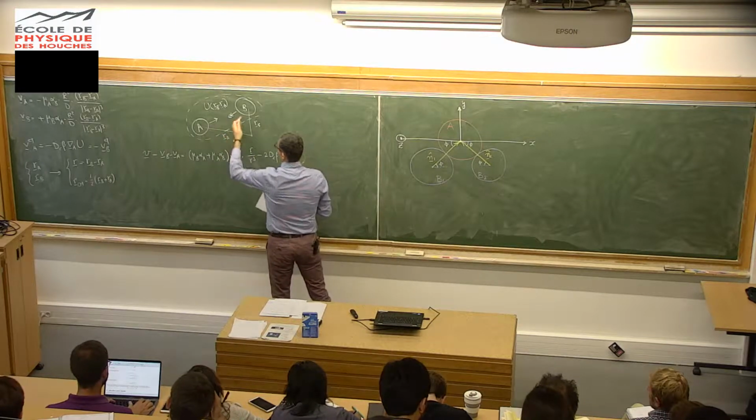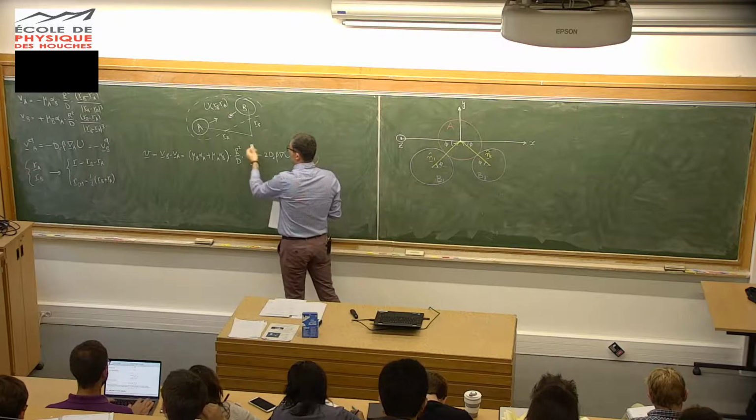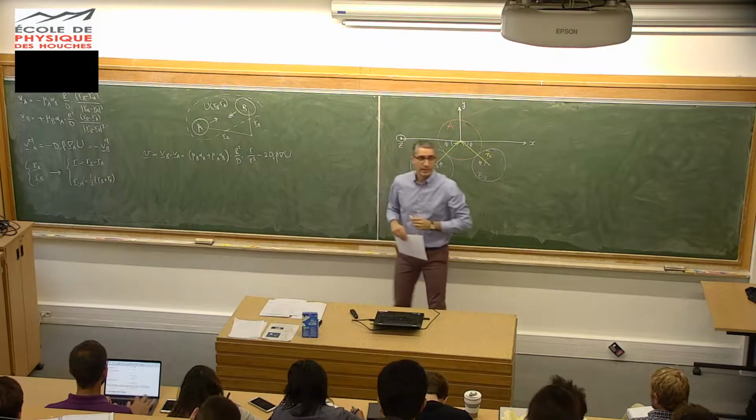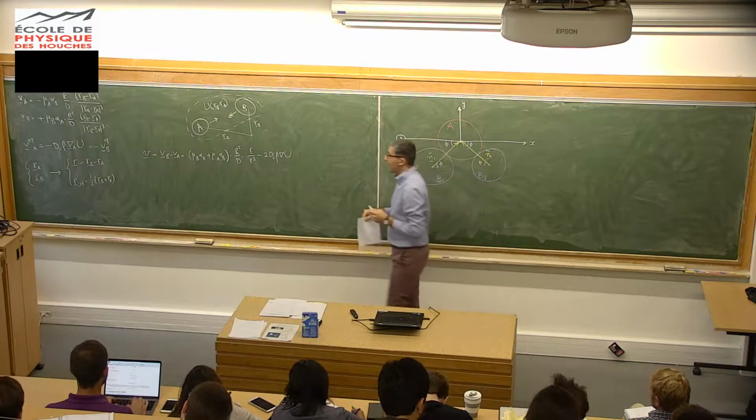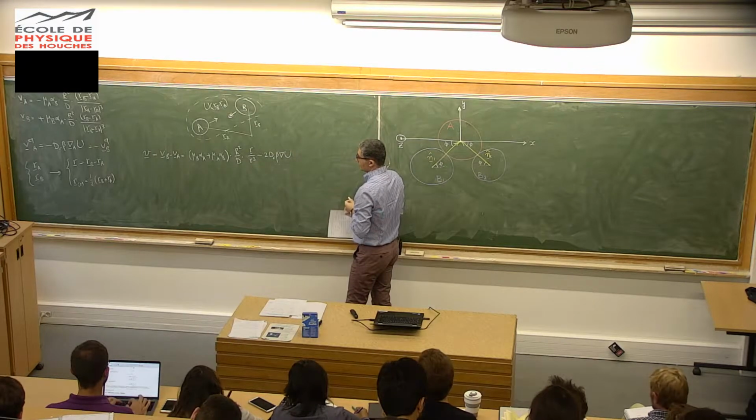So the relative velocity will be only a function of the relative coordinates, so that's nice because we can solve it, and then whatever information we get, we can use it to solve for the center of mass velocity.